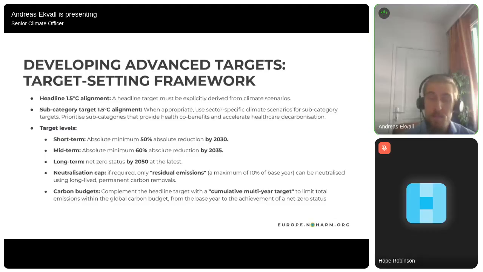And fourth, we implement a strict neutralization cap. And fifth, we recommend integrating a carbon budget. This means complementing your target with cumulative multi-year emission targets to ensure a science-aligned contribution to the remaining global carbon budget.